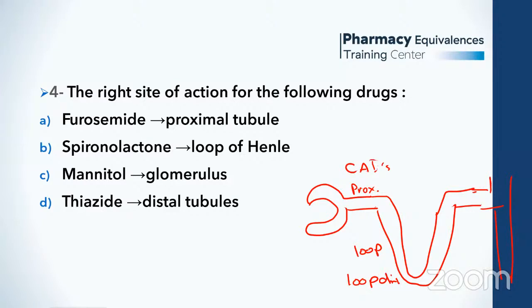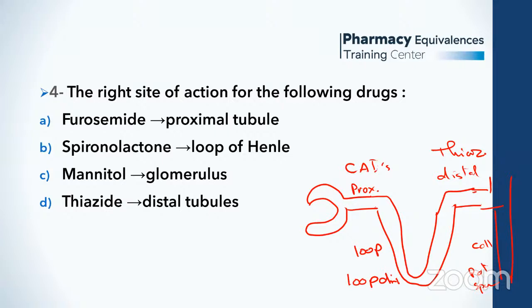Okay, the distal convoluted tubule: which diuretic acts on this distal? It is thiazide. The collecting duct: which diuretic acts on the collecting duct? It is potassium sparing diuretics.